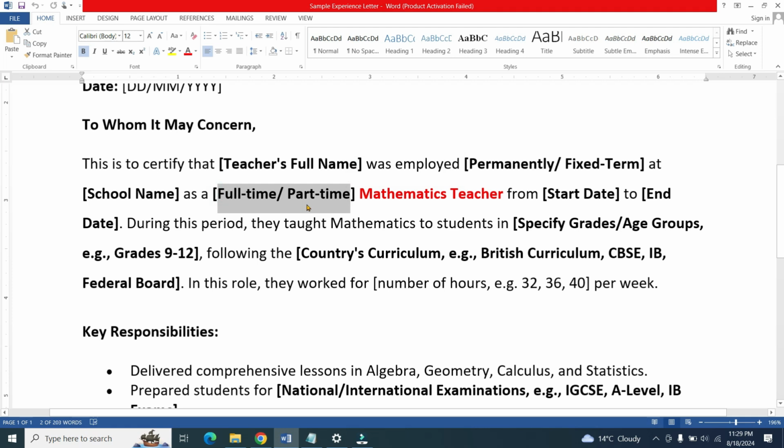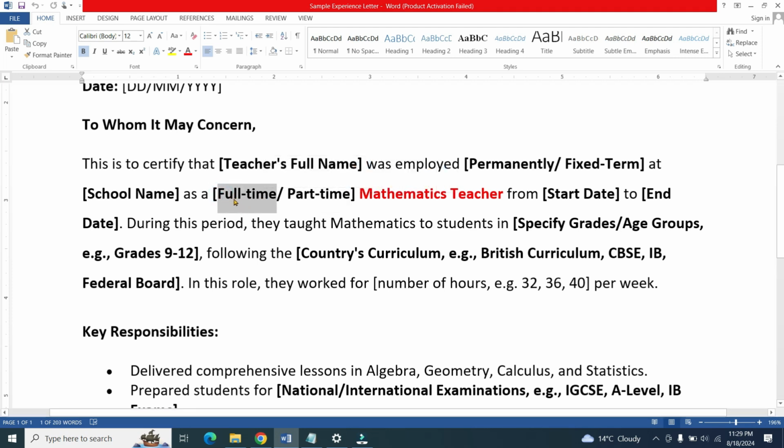Now, I can tell you that when you submit your application for salary evaluation in New Zealand, because I'm teaching here, this full-time and part-time detail is really required. If you were employed as a full-time teacher, you need to mention that, and if you were employed as a part-time teacher, you need to mention that. Your employer has to mention that clearly and explicitly on your experience letter.